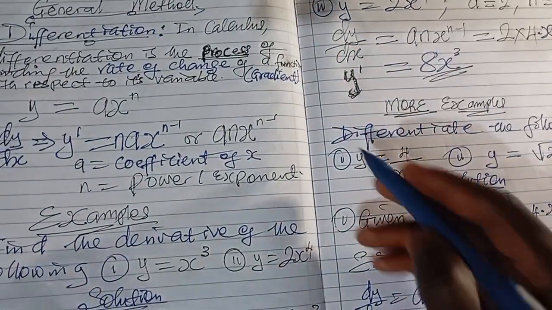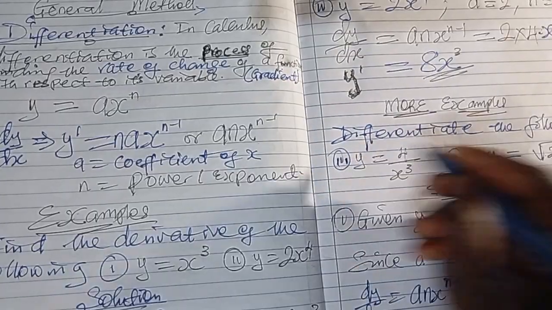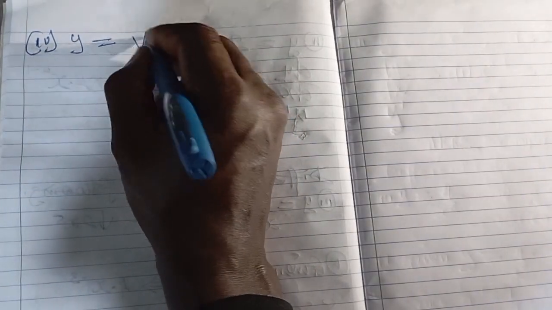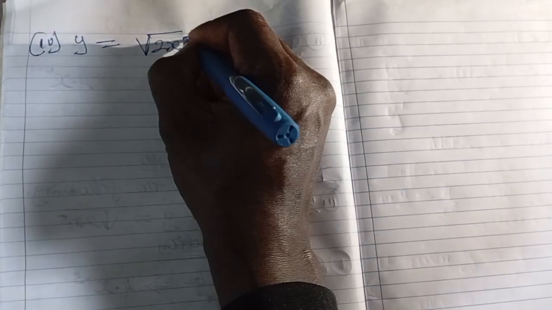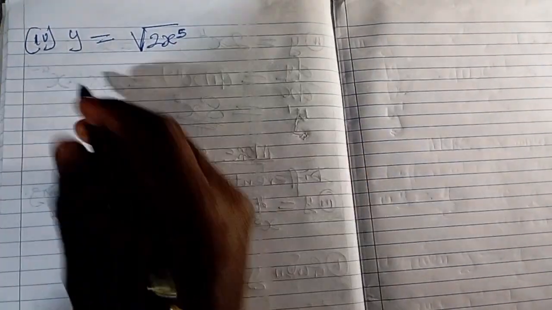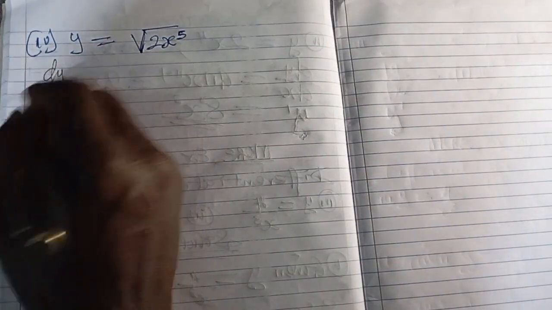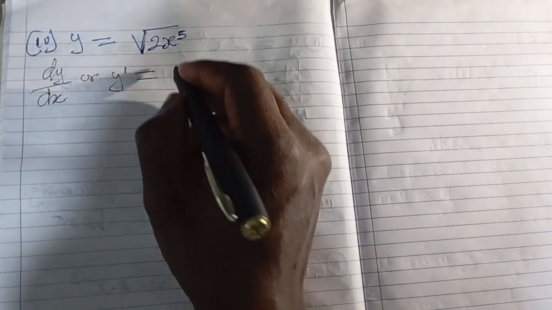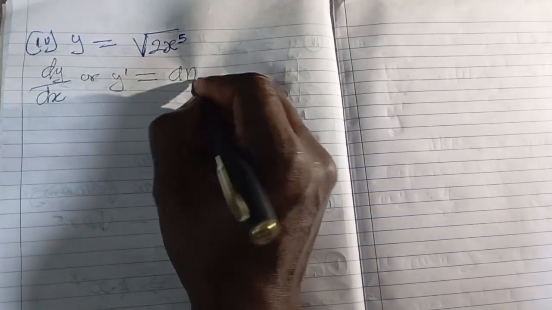Please, let's call this 3, and here should be 4. So we have y equals root 2x raised to power 5. So dy dx or y prime is equal to a n x raised to power n minus 1.